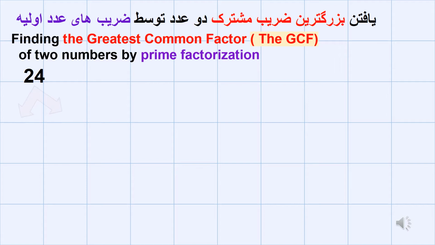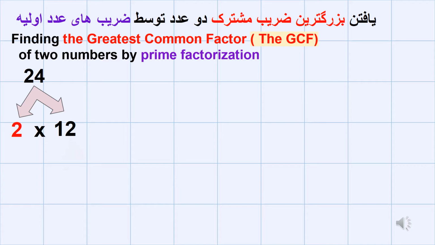As you learned in the previous lessons, to find the prime factorization of 24, the first step is to find two factors for 24 in such a way that one of the factors is a prime number. Since 24 can be divided by 2 and 2 is a prime number, it can be a factor of 24.